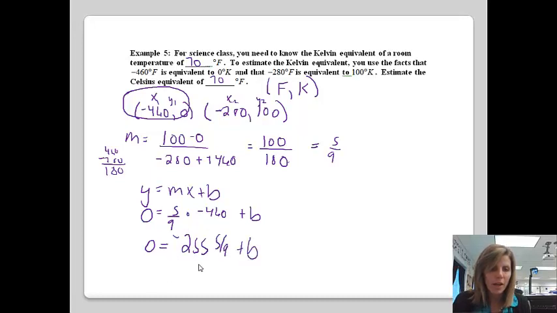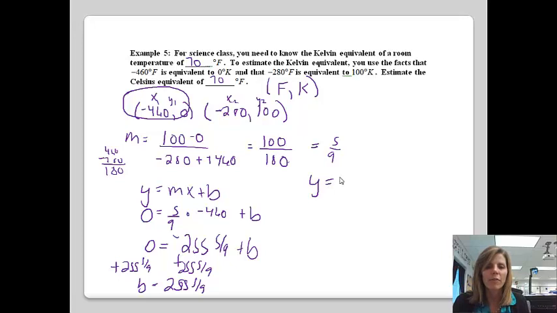Okay, and then from here I will add 255 and 5/9 to both sides. So b is equal to 255 and 5/9. Okay, I'm ready to write my equation, so I'm going to have y equals, let's see here, mx, so it's going to be 5/9 x plus the b, which is 255 and 5/9.